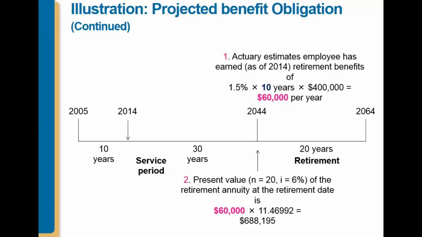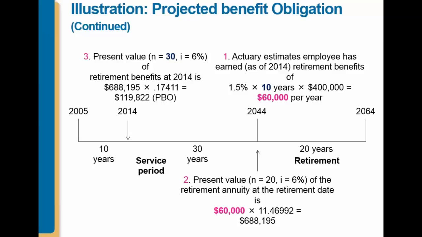Now, we discount that based upon an interest rate, and whatever that discount is, that is our liability at this point in time, or what we call our projected benefit obligation. Next year, what you'll see is that we have one less year to accumulate the money, and in fact the service cost increases it because we now have 11 years of service as compared to 10 years of service. So that's what we see here. The third item is the present value.